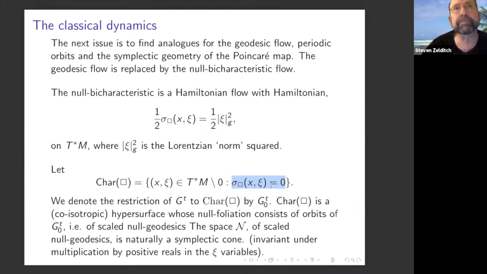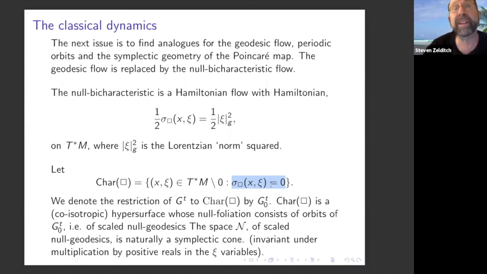They're fundamental in general relativity for various reasons, in particular to Penrose and people following Penrose, because these are conformally invariant. Now, we don't use the characteristic variety of box as a phase space because it is not a symplectic manifold. It is a hypersurface in a symplectic manifold.